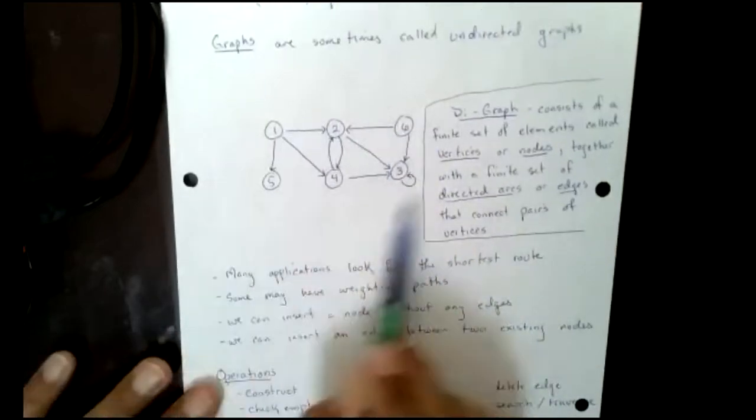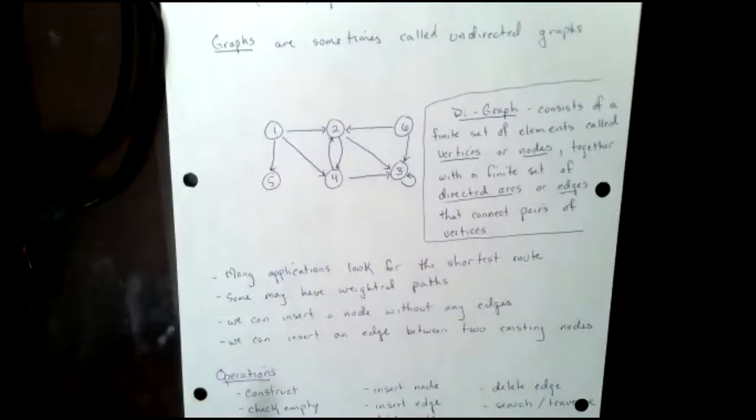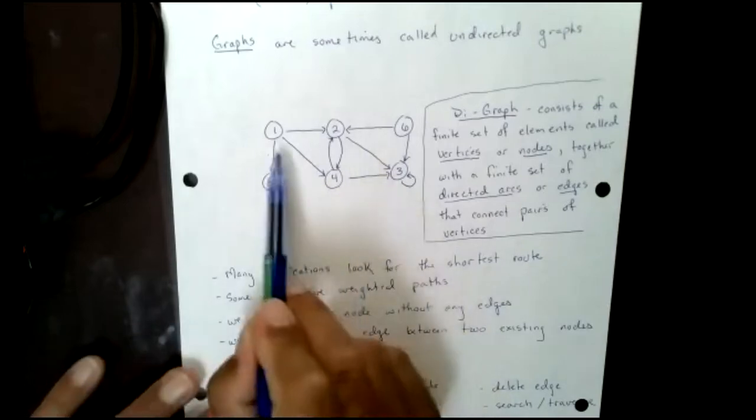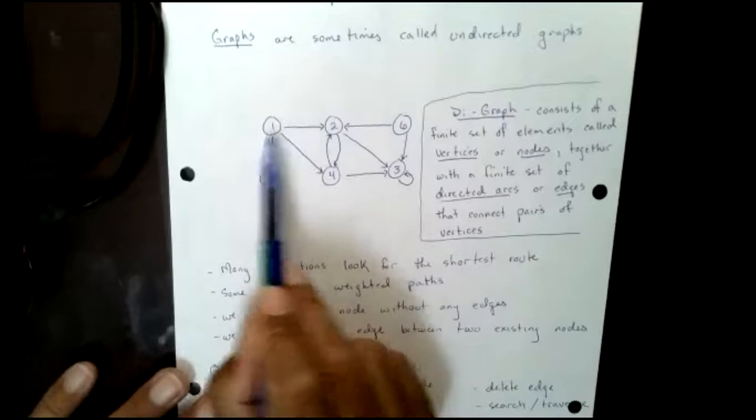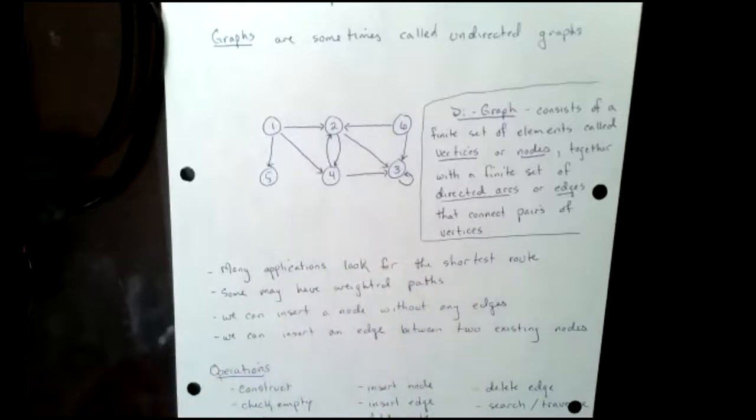So flying from city to city is a way to start the basics of a directed graph. This city flights go from here to there, and so on and so on.